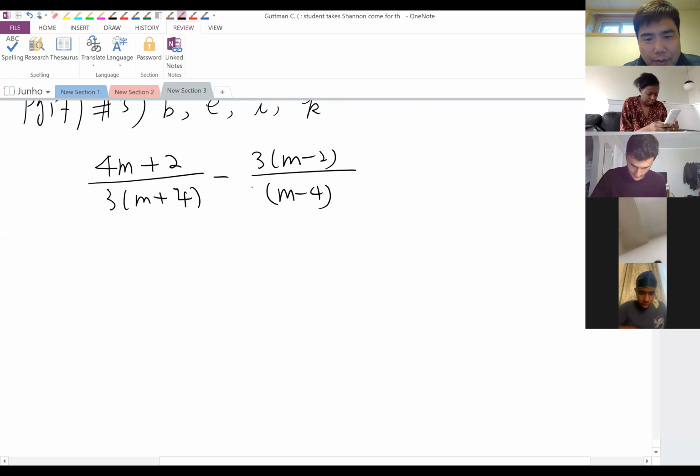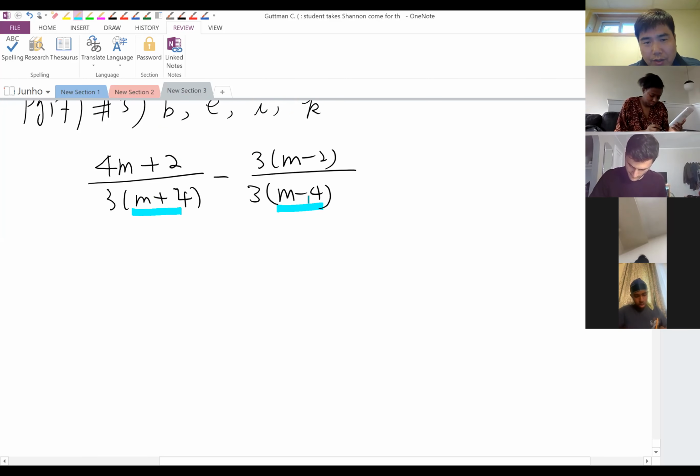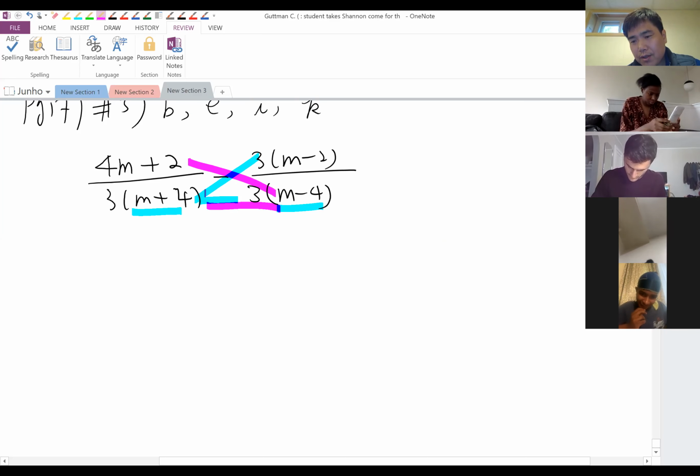Oh yeah, 3m minus 4, sorry. Okay, and now because plus 4 and minus 4 are also different factors, you multiply this to both here and here, and then this factor becomes here and here. That will be your next step. All right. So keep on trying, and maybe a few minutes later I can double check your work again. Okay.